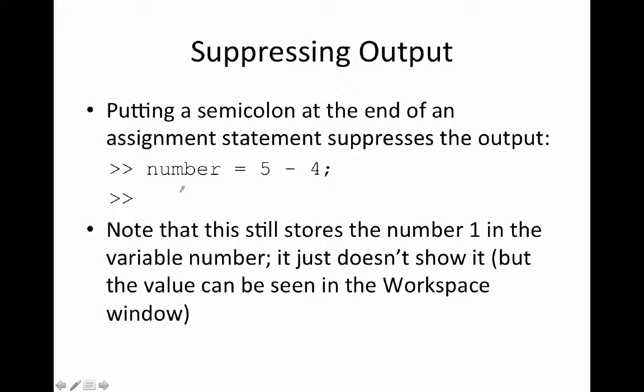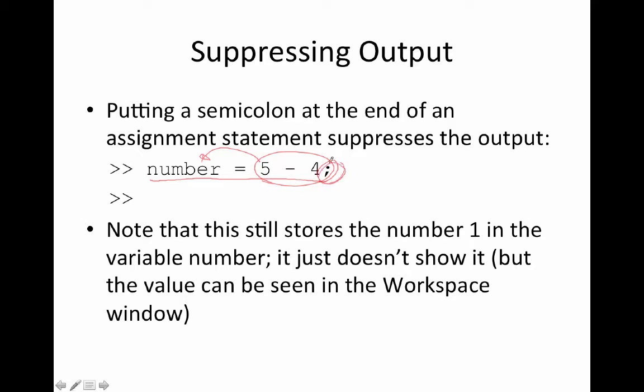Now, putting a semicolon at the end of an assignment statement in MATLAB does a very particular thing. What it does is it suppresses the output. So at the prompt, for example, if I type in the assignment statement, number gets the value of 5 minus 4. So first of all, it's going to evaluate the expression 5 minus 4 to get 1 and store the result in the variable number.